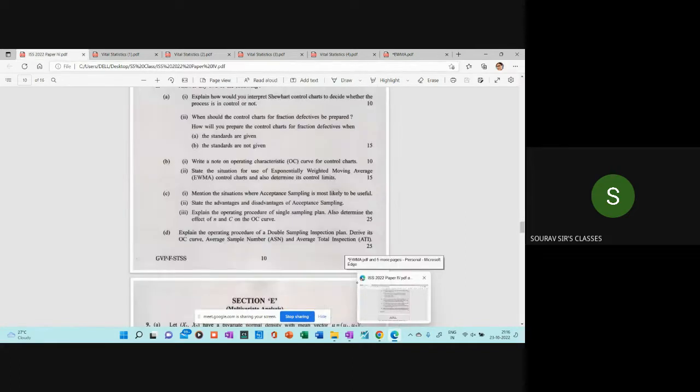Next we will move on to our next question. The question is to mention the situations where acceptance sampling is most likely to be useful. This is another question: why is acceptance sampling more useful rather than 100% inspection?